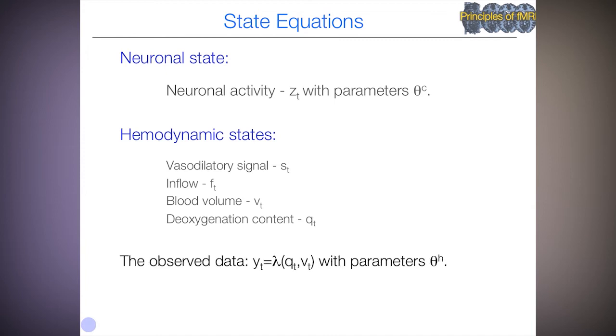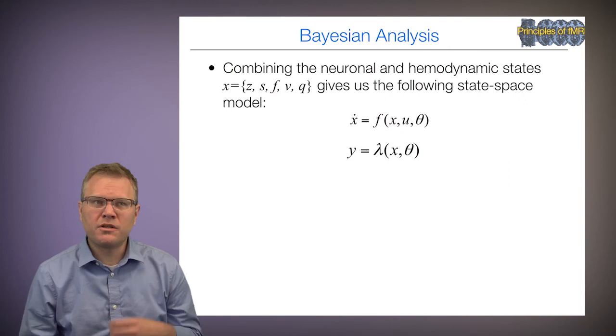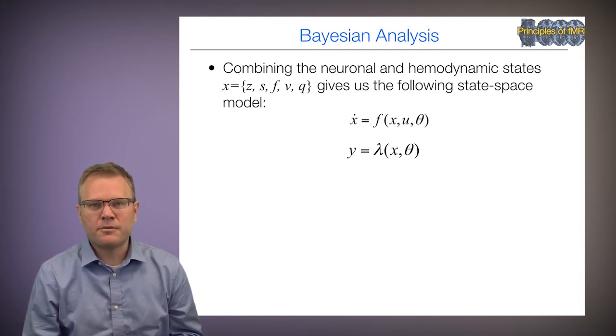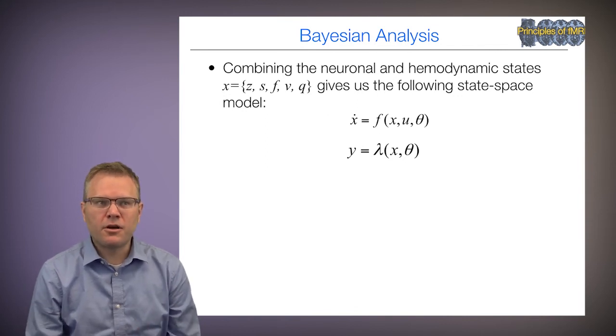And so the observed data is a function of q of t and v of t. And we won't talk about this so much in detail, but I just want you to know that such a function exists. And this has parameters theta of h. So we can combine the neuronal and hemodynamic states and get the following state space model. And this is sort of a standard state space model that people know how to solve.